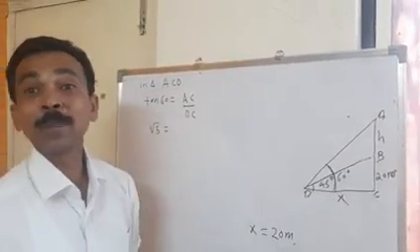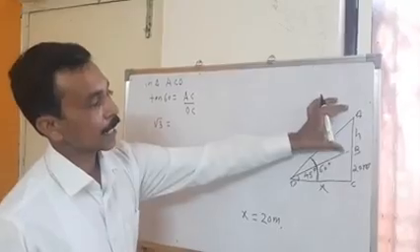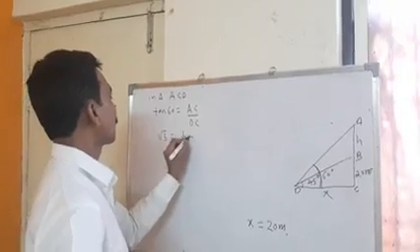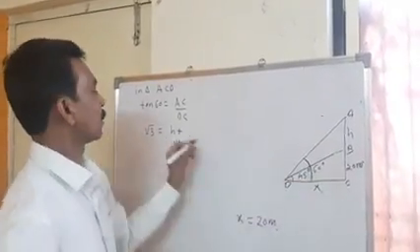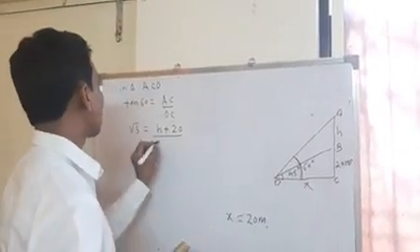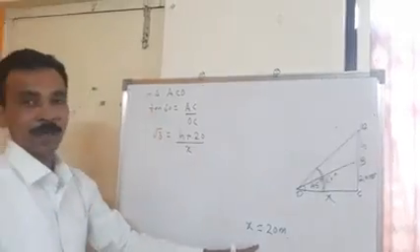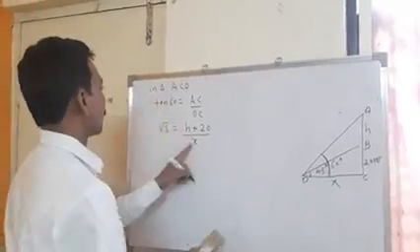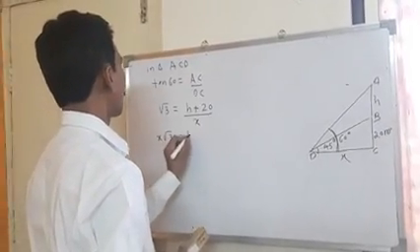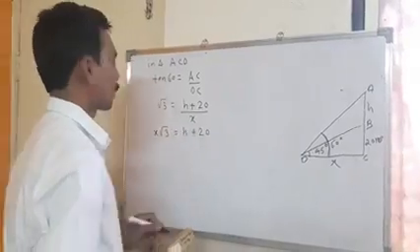AC means what? AB plus BC. What is AB? H plus. What is BC? 20 upon DC. DC is X. Already we have found the value of X as 20. Do the cross multiplication. X root 3 is equal to H plus 20. But what is the value of X?